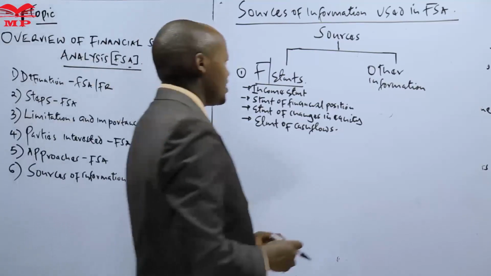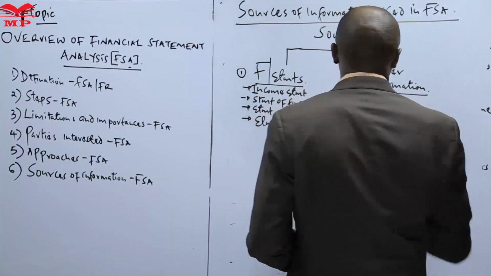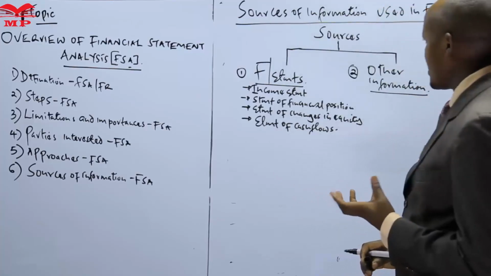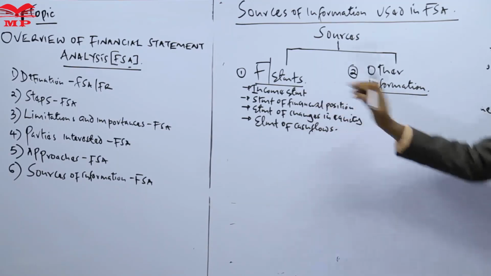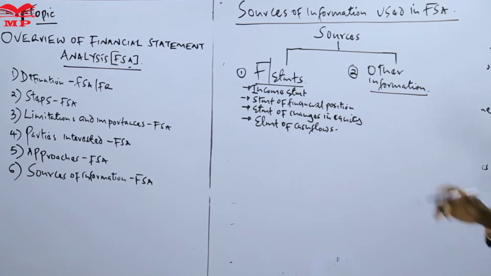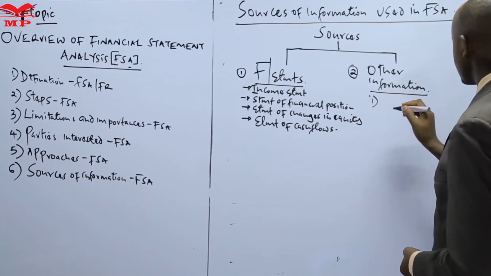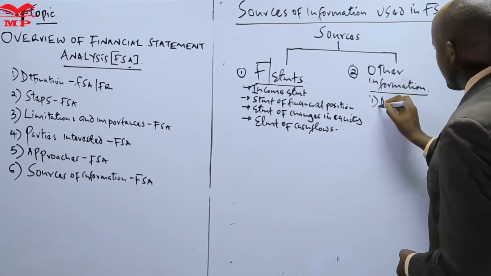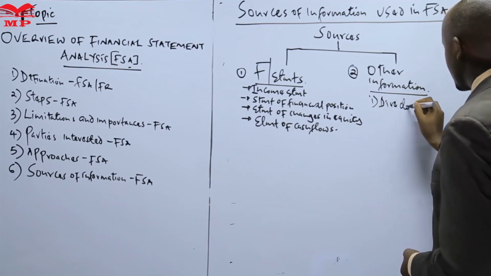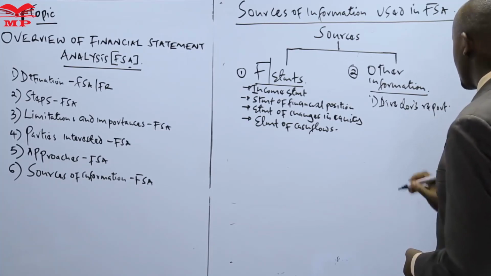Now, on the other hand, when we talk about the other information, we are talking of the other information which will be prepared by a company and which will be accompanying the financial statements. This includes, number one, what we refer to as the director's report.